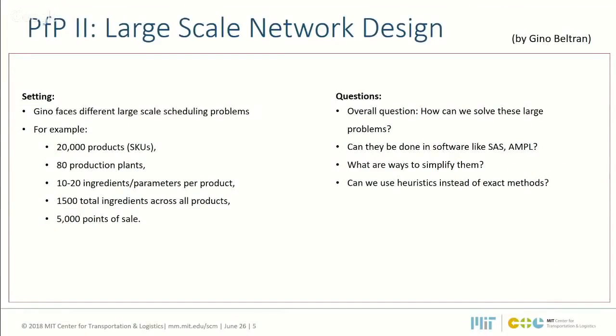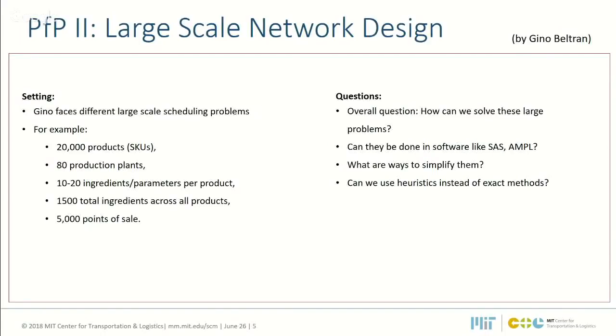The second problem, I think, interacts pretty well with what we've discussed in the beginning about constraint optimization. This is given by Gino Beltran, and it's about large-scale network design problems. Gino faces different large-scale scheduling problems in his work.